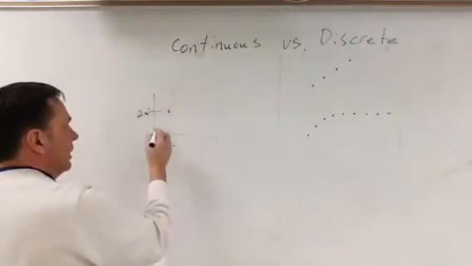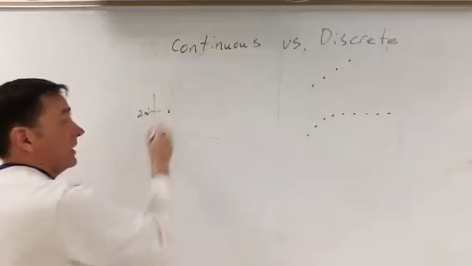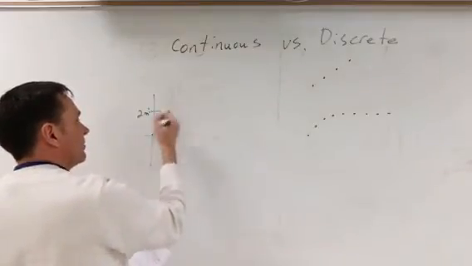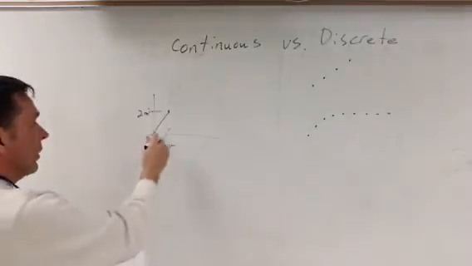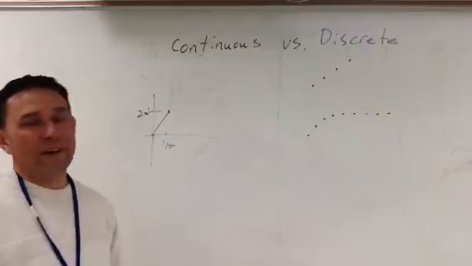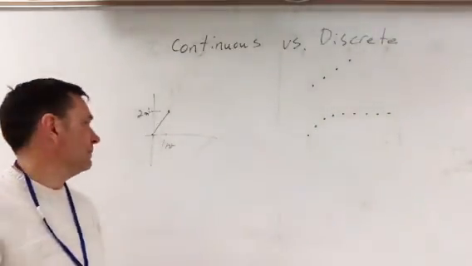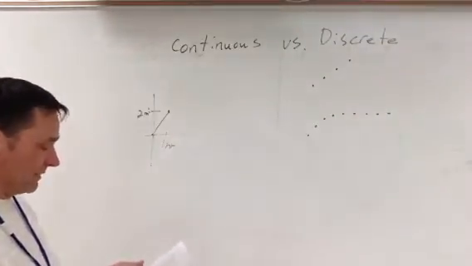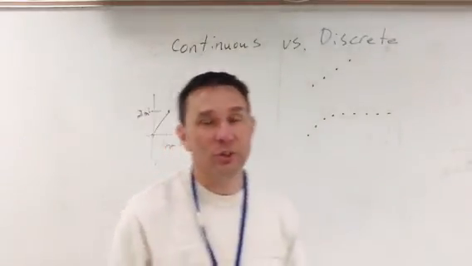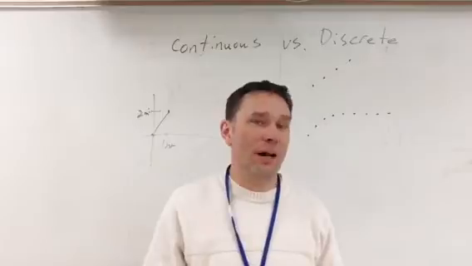Did we, in a split second, just go from here to here? Or were we moving at some kind of rate? So I can break this down. I can ask myself, where was I 25 minutes into my hike? Or 15 minutes into the hike? That means it's continuous.